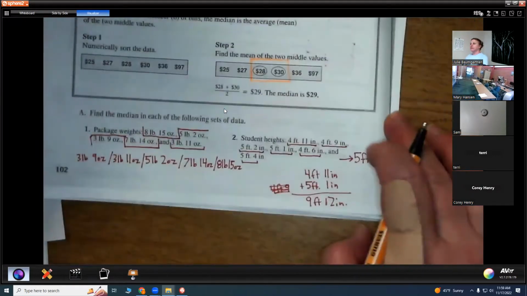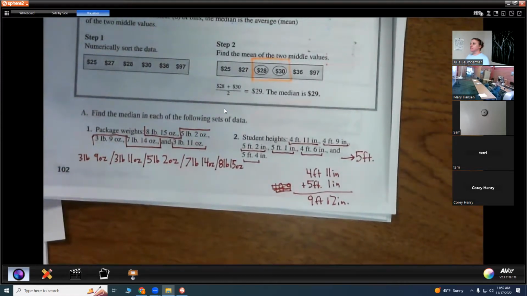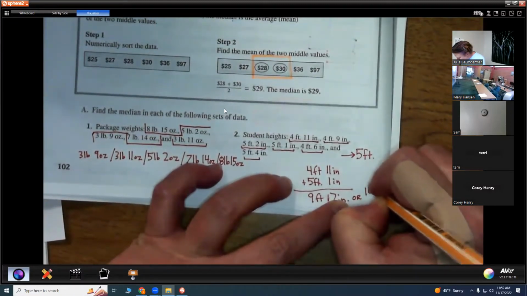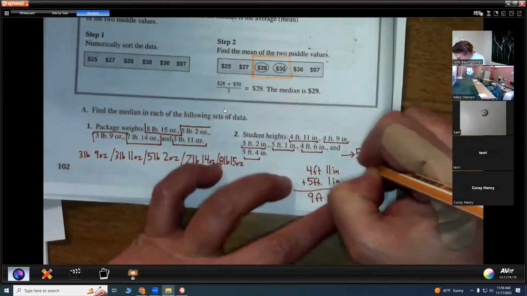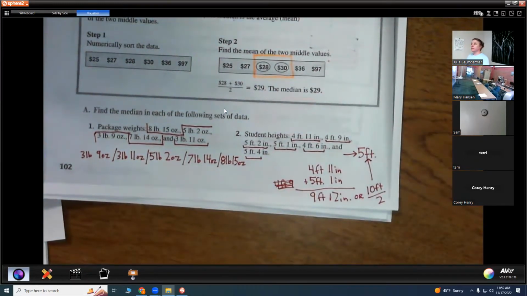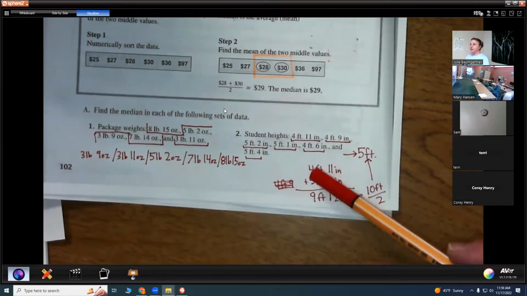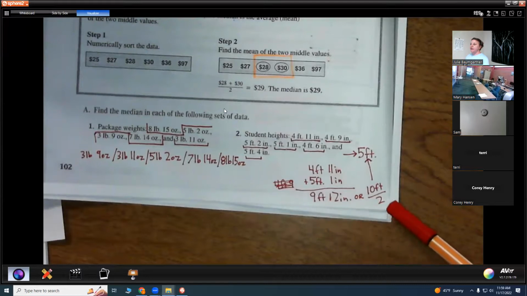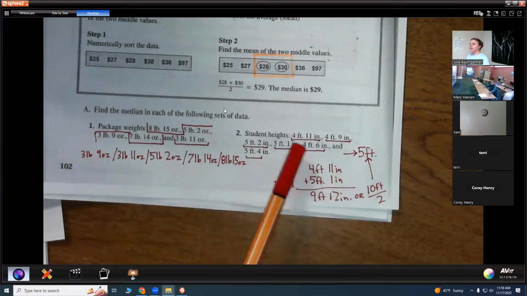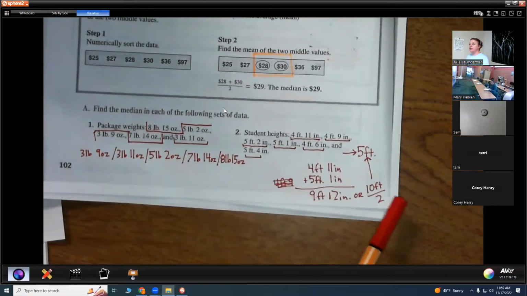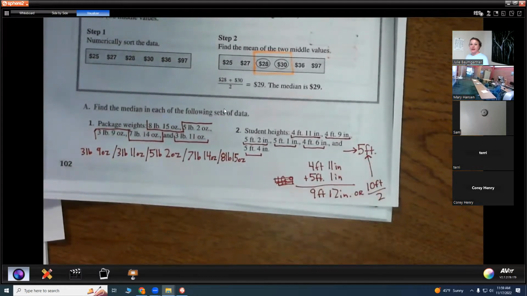So for your even sets, find your 2 middle numbers, add them together, divide by 2, and that gives you your median. So 4 foot, 11 inches plus 5 foot, 1 inch gives me 9 feet, 12 inches, or 10 feet total. Everyone feel good about that? And then divide by 2, it's 5.